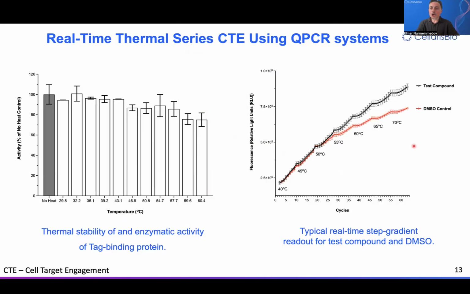And then again, on the right side, you will see the staggered typical curvature you would extract from our system. You would have a baseline DMSO. This essentially shows how the target responds to heat at certain temperature intervals, and you would see the flexing point and a point where your target starts plateauing. The test compound would essentially show how it behaves in relation to that baseline control.